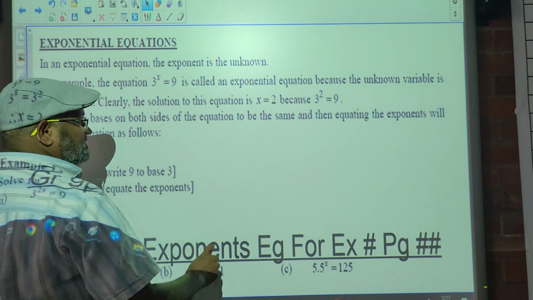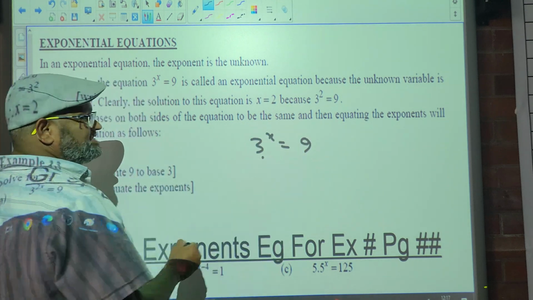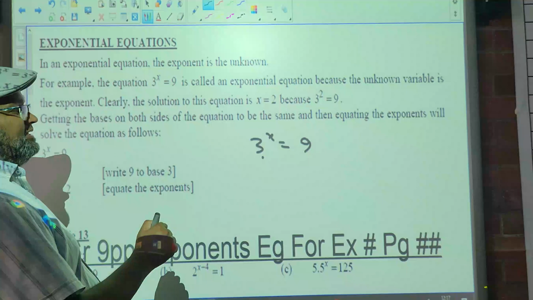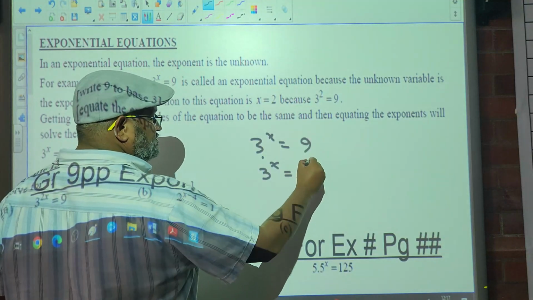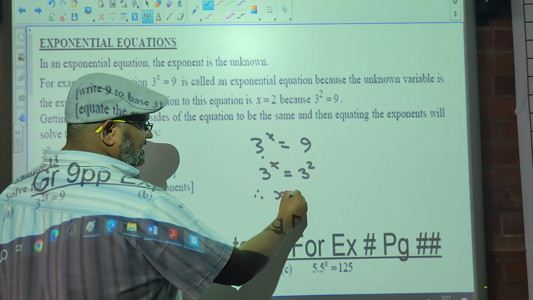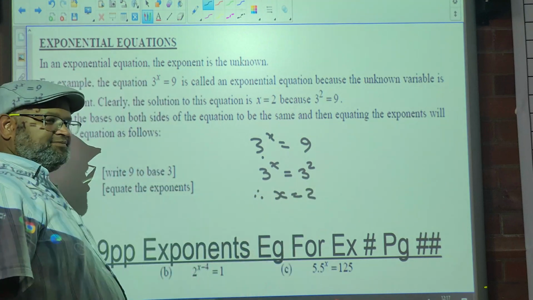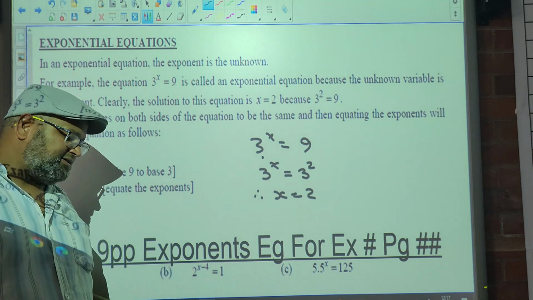So what they did was they took 3 to the x is equal to 9. So we get the bases the same for the exponents to be equal. So 3 to the x equal to 3 to the 2. You see the bases are the same. So therefore, x is equal to 2. You understand? So it says write 9 as the base of 3, equate the exponents.